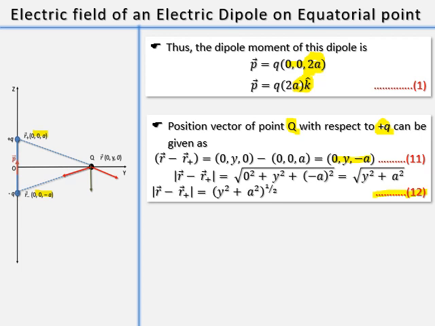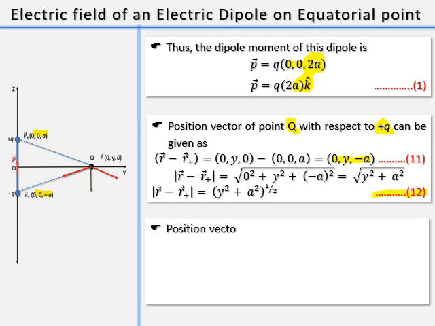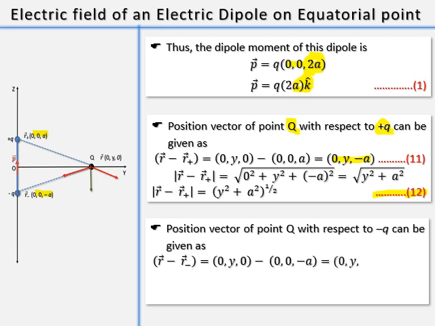Similarly, what is the position vector of point Q with respect to the negative charge? We take vector r minus r negative, and what we get is (0, y, a), the position vector of our point of interest Q with respect to the negative charge.